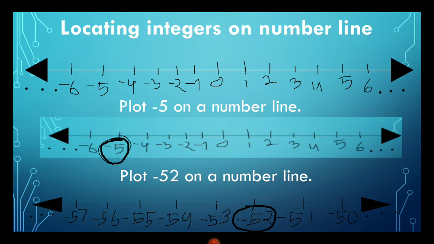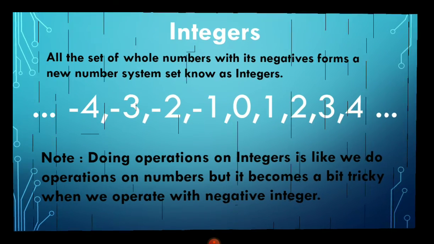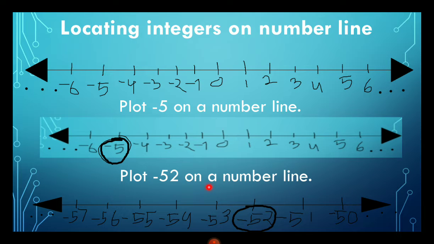No. We will do something like this. You will write somewhere in the middle, say 50, then 51, 52, 53, 54, 55, 56, 57 and dots. You will put dots here and dots there so that you show that this side and this side go to infinity, and then encircle 52 where you can see.